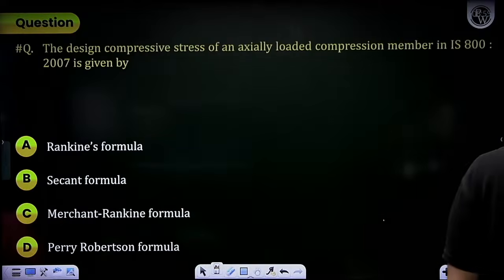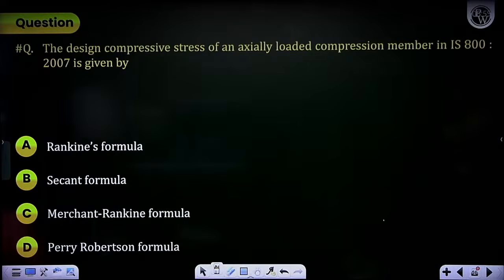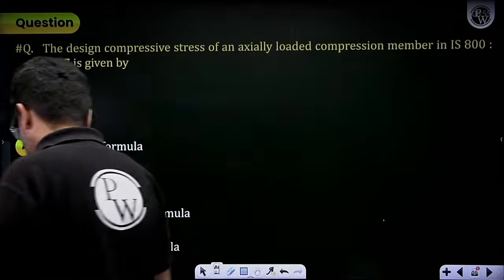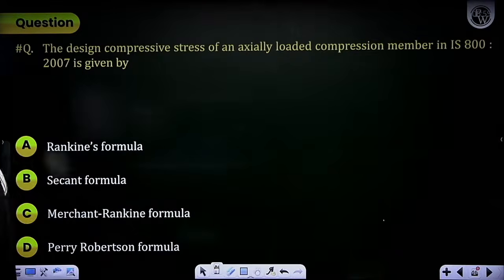Please tell me the answer of this one as well. Tell me fast, please.